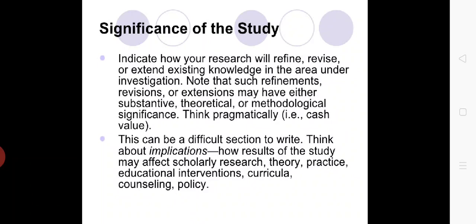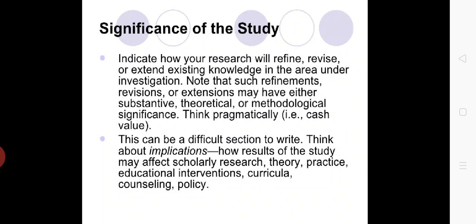Next is significance of the study. In this part you have to give the reasons why you are conducting study on this topic, why it is important, and how it would be helpful for others, for the society, how this topic or how your research is significant to the society and the people who are relevant.